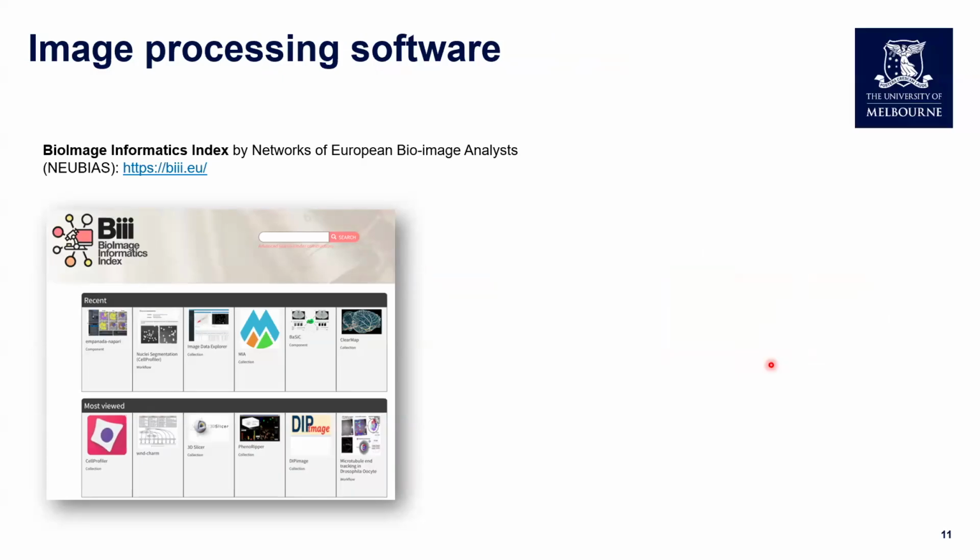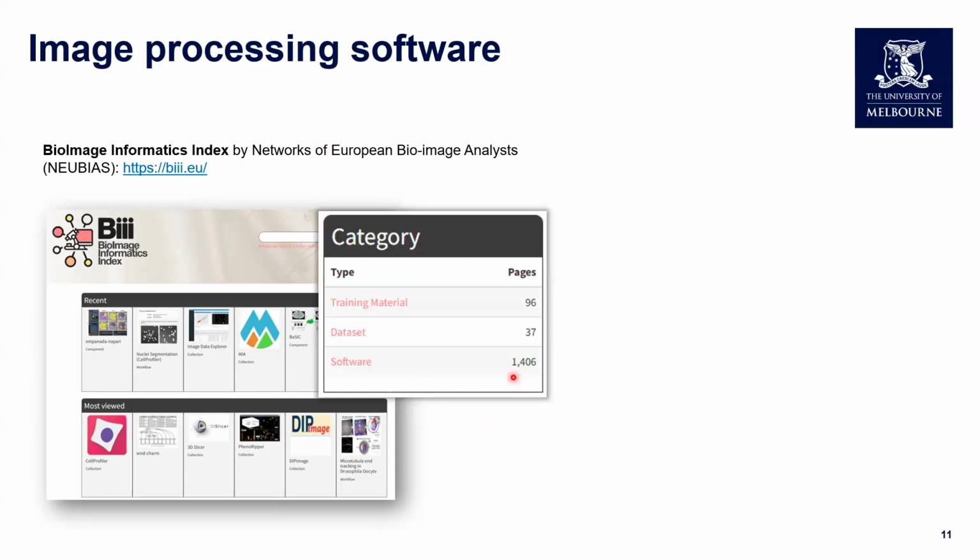And there are actually many image processing software tools available, so finding the best tool can be quite challenging. There is a search engine available, like here, which was developed by the Network of European Bioimage Analysts, NEUBIAS. On this website, we can get curated information on image analysis software and which types they are.